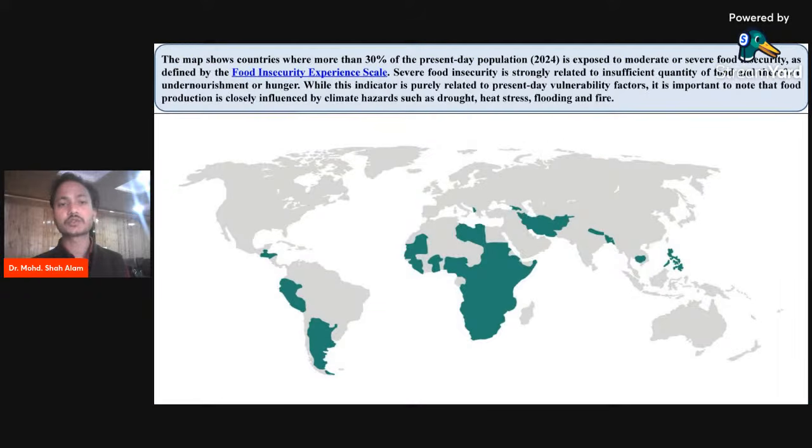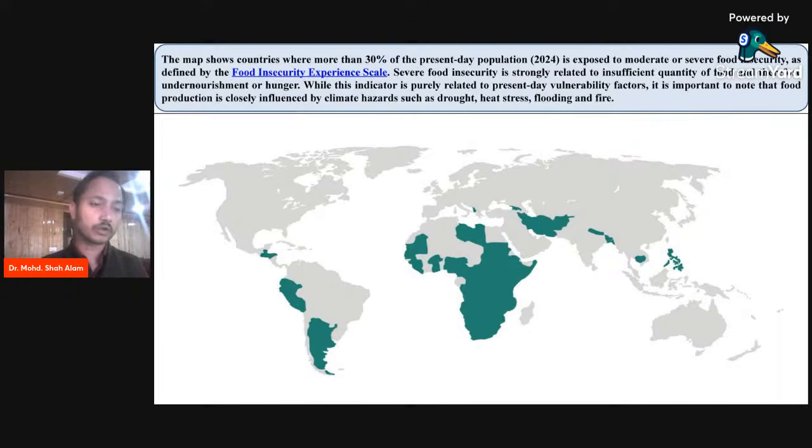Next, this map shows where more than 30% of the present population in 2024 is exposed to moderate or severe food insecurity. As we know, the majority of the world, like Africa, Bangladesh, Bhutan, Nepal, Iraq, Afghanistan and Pakistan, are the countries facing major or severe food insecurity.